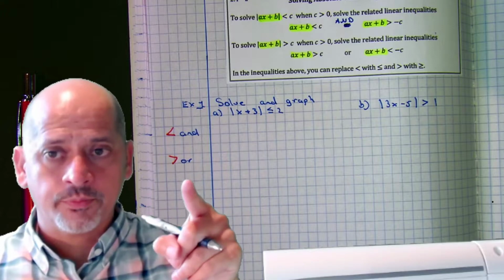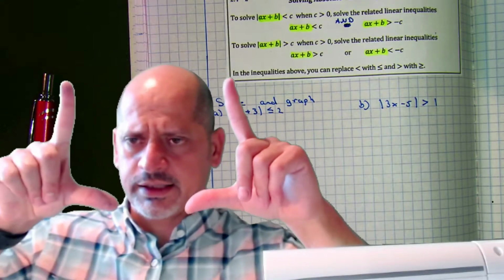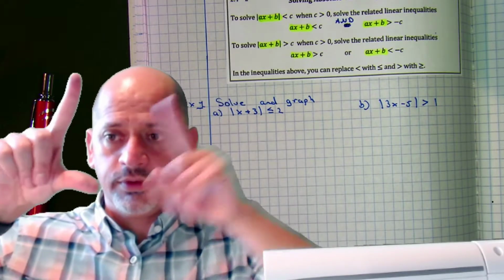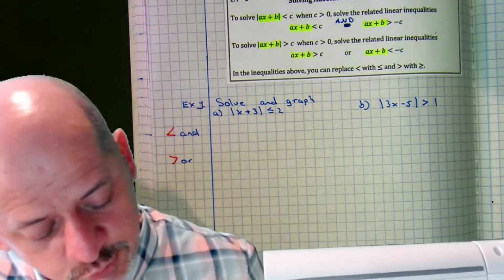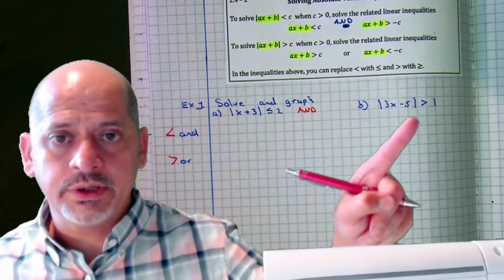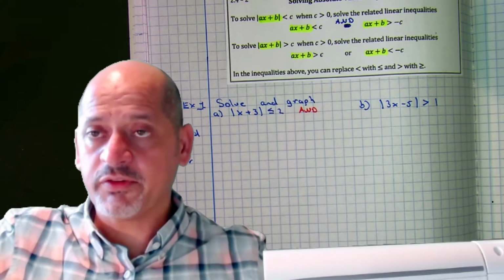Greater than is an OR. So place your hands like this. Which one's an L? This one here. So that is less than. So therefore this one is an AND. And this one, it's an OR. So AND, OR. Repeat after me.